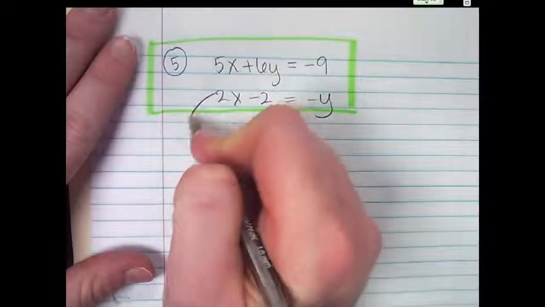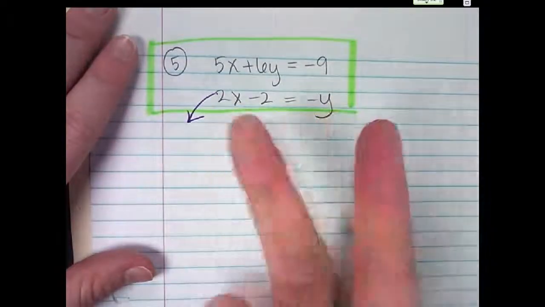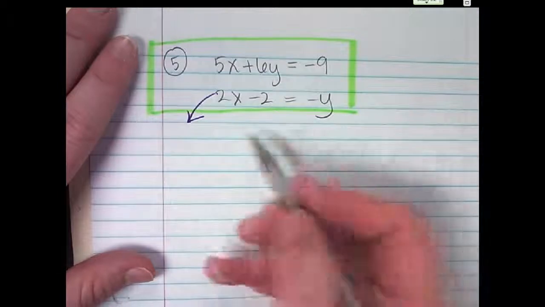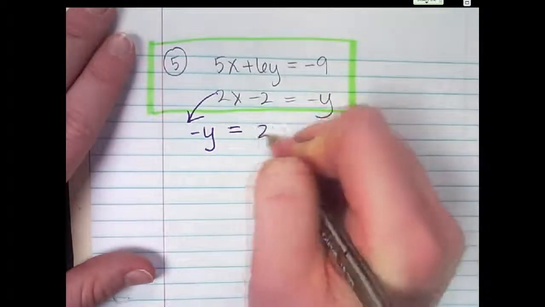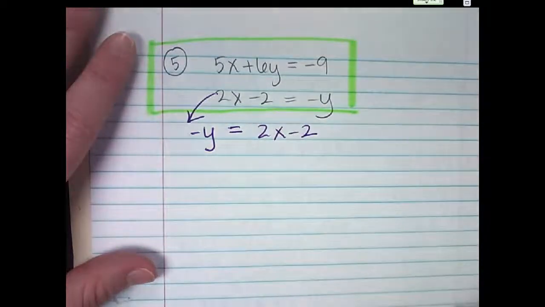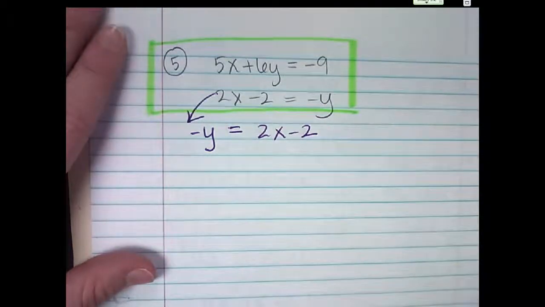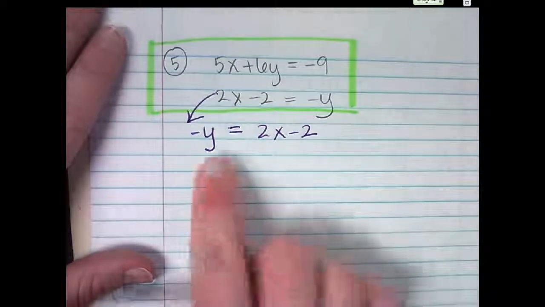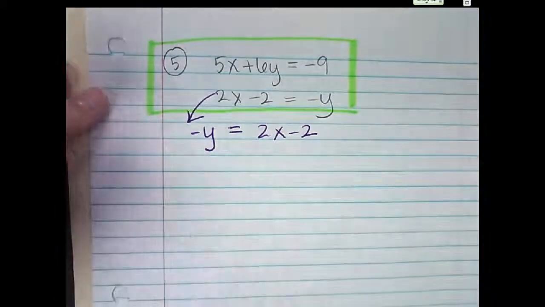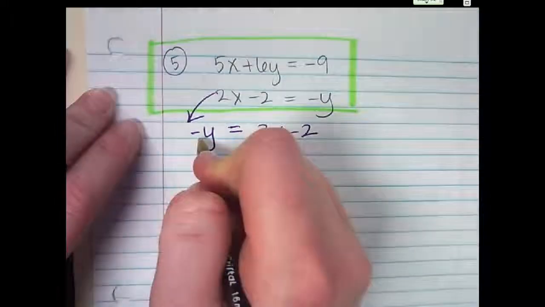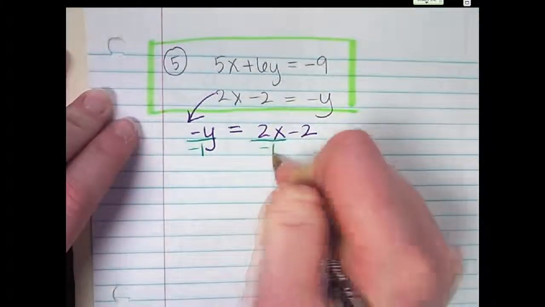So I'm going to take this equation and I'm just going to flip the sides. I'm not flipping signs yet. I'm just switching. So I'm going to put the negative y on the left, and I'm going to put 2x minus 2 on the right, just because it's what you're used to seeing. But this still has to be a positive y. So how do I get rid of that negative? Perfect. Divide by -1 on everything.